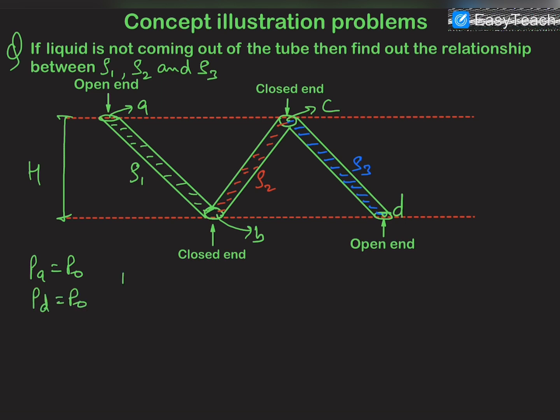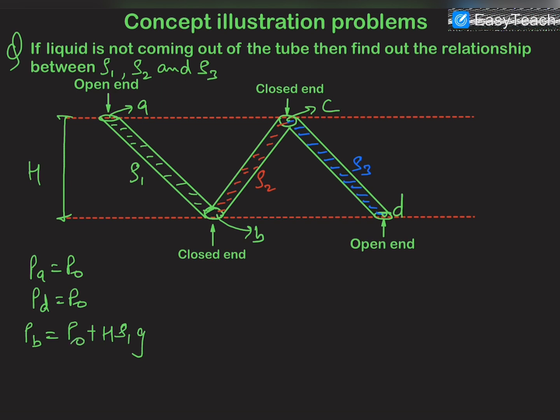Now I'll write down the pressure at B. Pressure at B will be pressure at A plus h rho 1 g, because point B is below point A, so the pressure at B will be greater than at A. So pressure at B will be PA plus h rho 1 g, and as we know PA is P naught, let us write it directly as P naught.